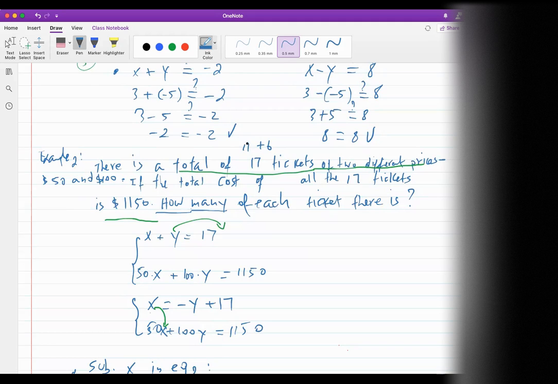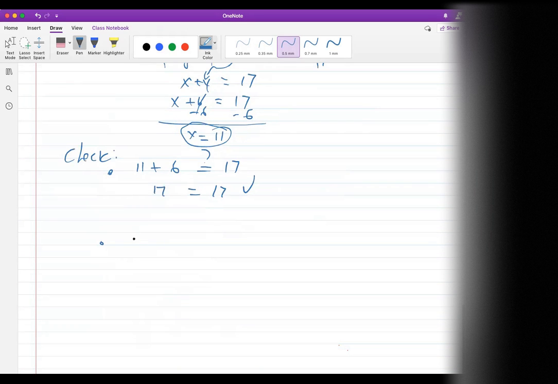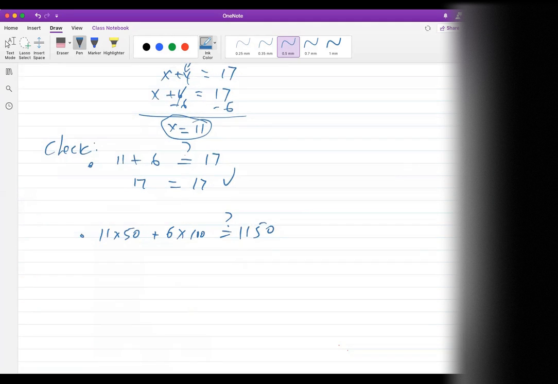So we're going to multiply 11 by 50, and 6 by 100. The total must be 1150, otherwise something is wrong. So 11 tickets at $50 each, plus 6 tickets at $100 each. This has to be equal to 1150.